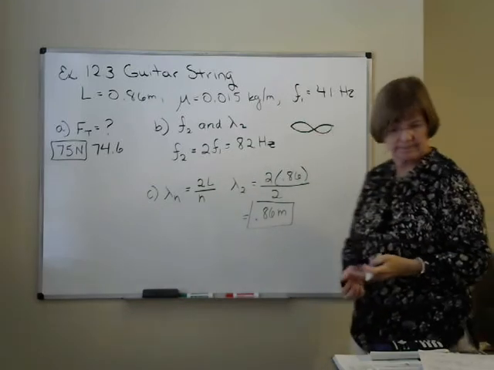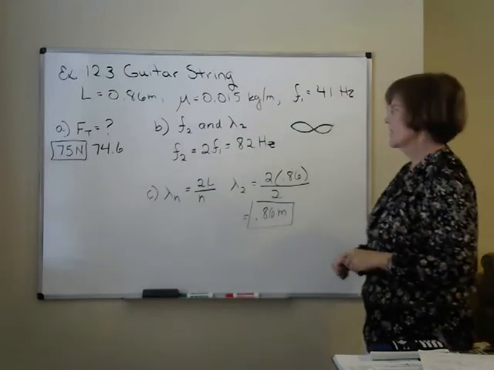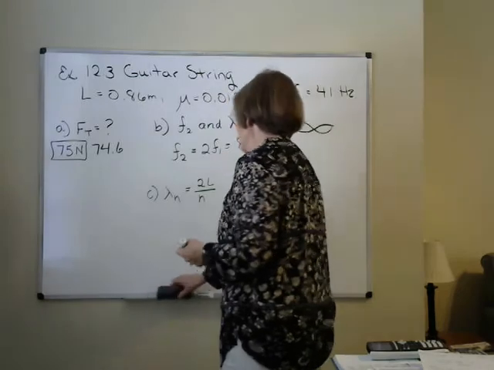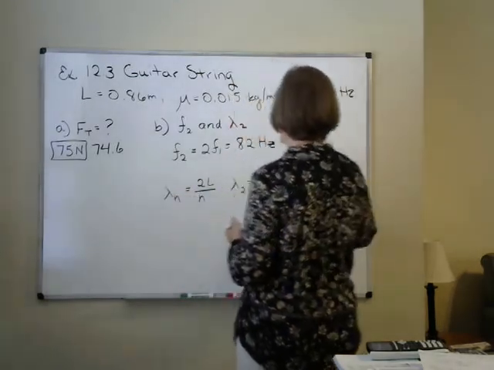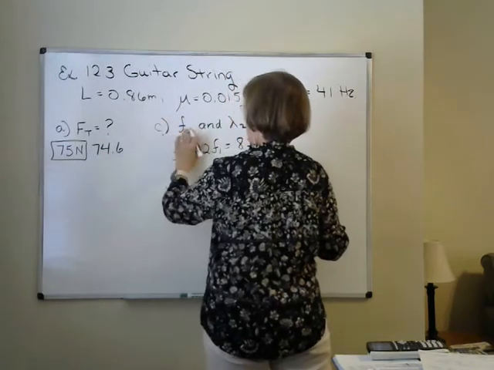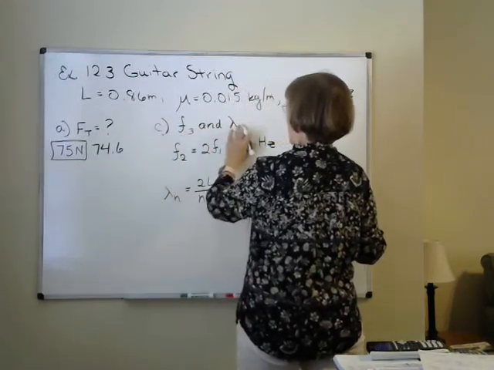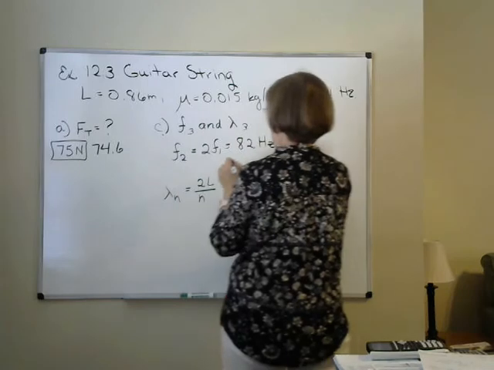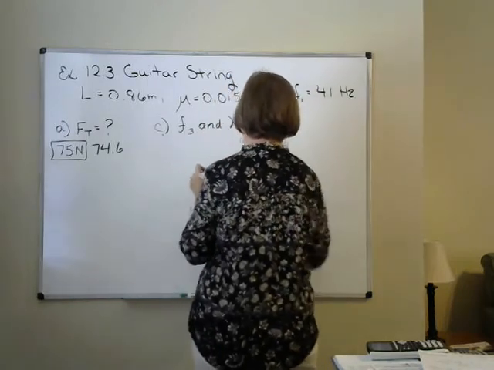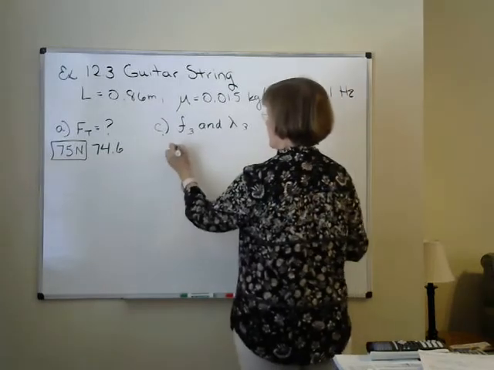All right. They do ask us to go on and find F3 and lambda 3. That was actually part B. So for part C, this is the easiest part of the question.